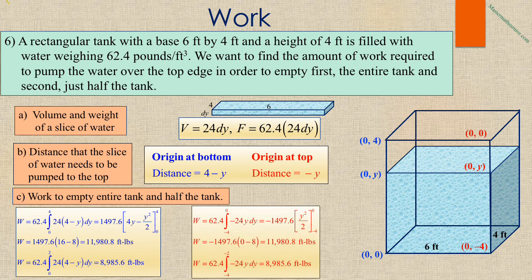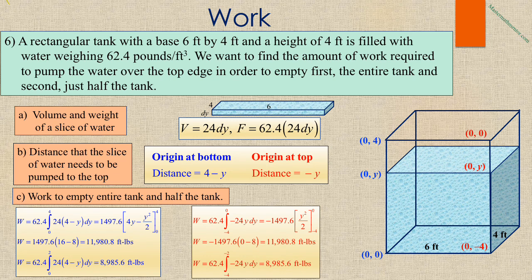If we use the origin at the top, then our force is still 62.4 times 24 dy, and our distance is negative y. So the work is 62.4 integral from negative 4 to 0 of negative 24y dy.